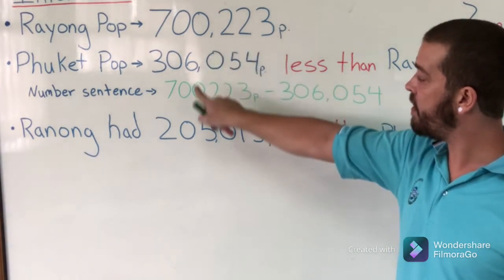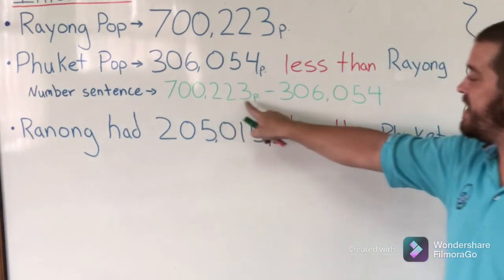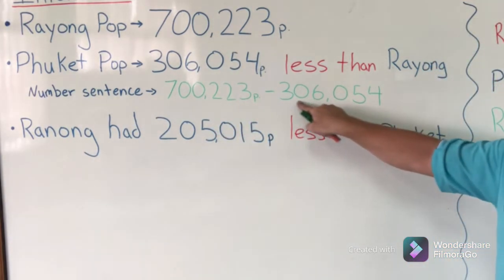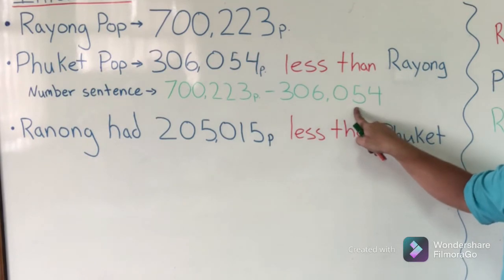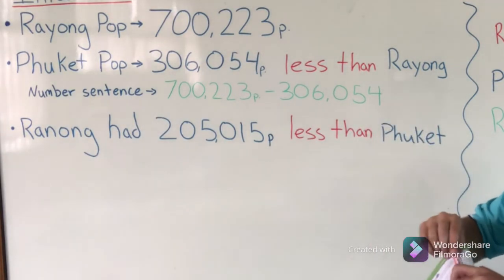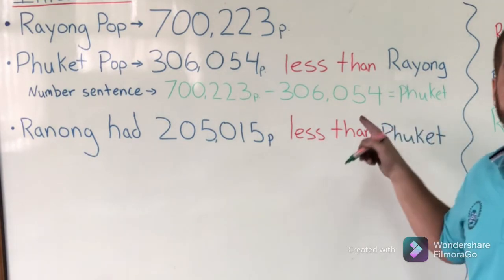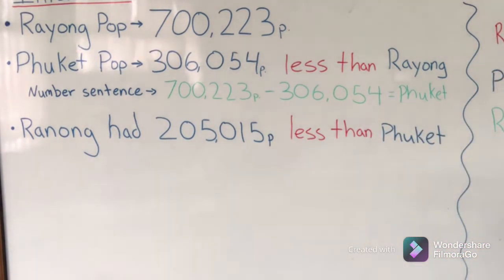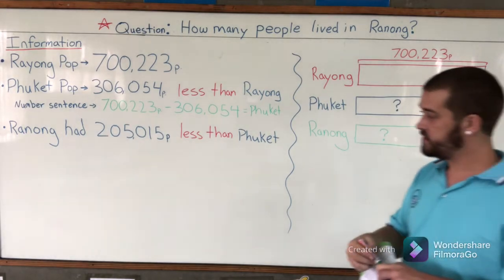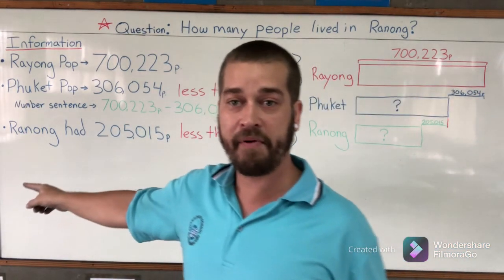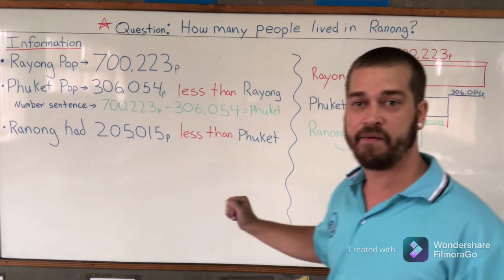So we're going to take Rayong and put it right here, minus the amount of people less than Phuket. And that will give us how many people are in Phuket. That'll give us our first question mark right here, okay? So I'm gonna put that problem right here, and then we'll do the second one right here.